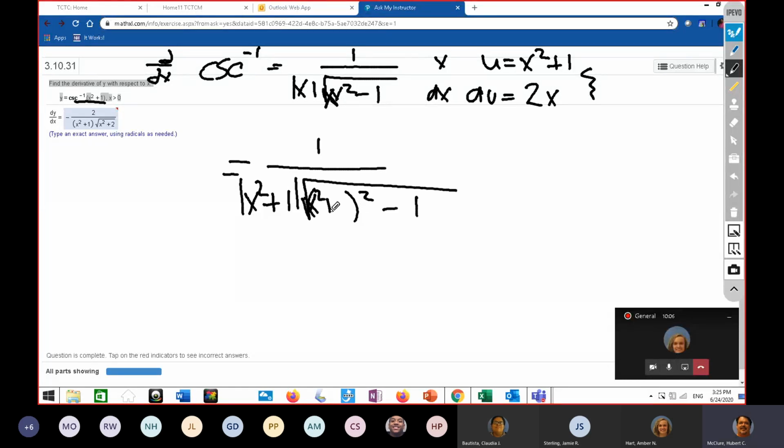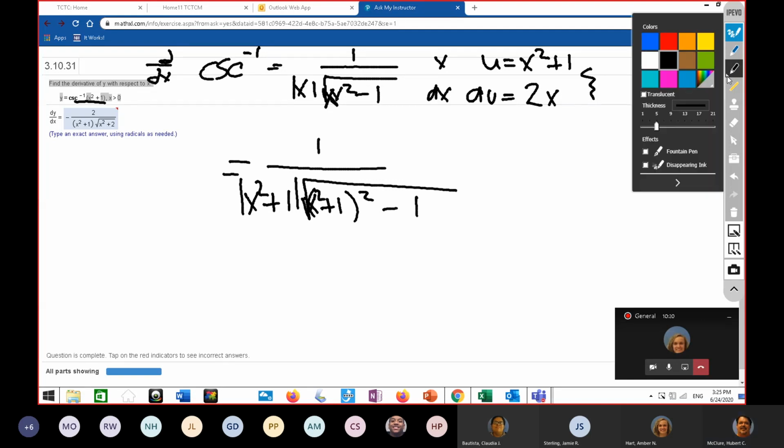And then you got to do parentheses, and I'm going to do it in magenta. What is the derivative of x squared plus 1? 2x.